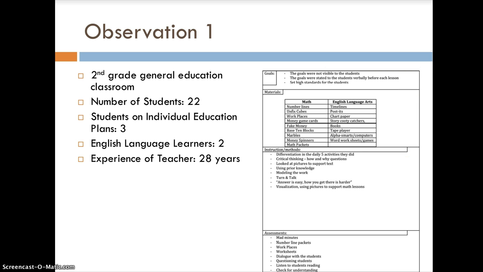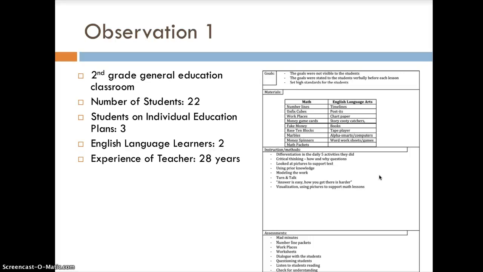One instruction/method that I'd like to talk about is the differentiation in the Daily 5 activities. These activities were different centers that were done during the English language arts period. The centers included word work, listen to reading, read to someone, and work on writing, and at this time she would hold her literacy groups in the back of the classroom.